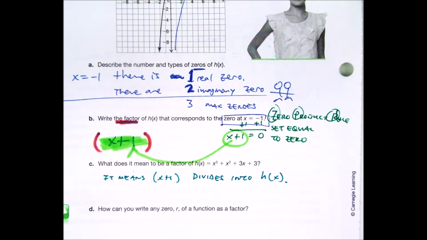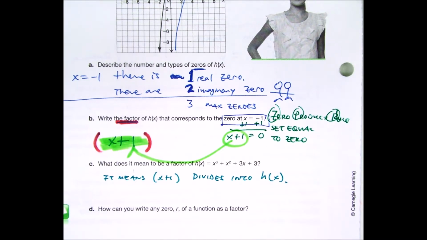Right now, in the warm-up, we did long division. It's basically saying there is no remainder. If there's a 0 as your remainder, then it's a factor. If there is a remainder, right, we had a remainder of 15, then it's not a factor.